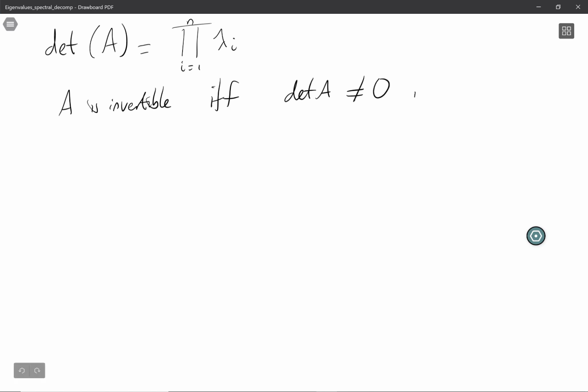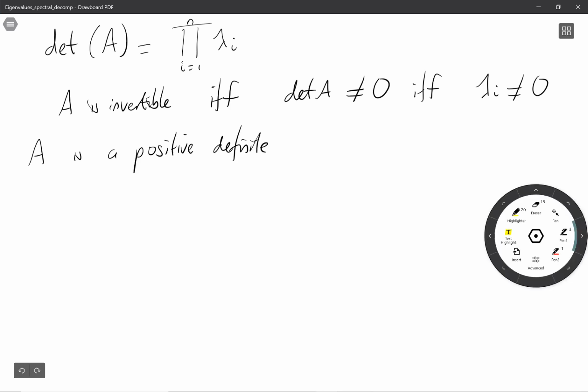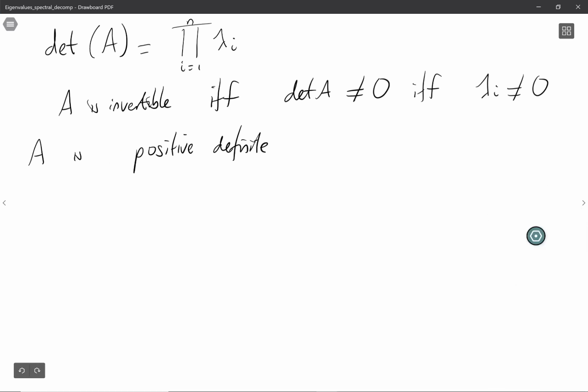That is if and only if all the lambda i's are non-zero. The other thing we're going to need to know is that A is positive definite if and only if all the eigenvalues are bigger than 0.